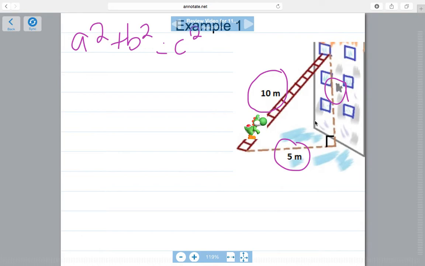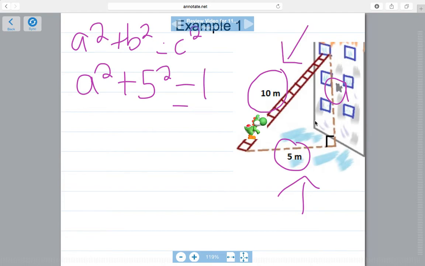So if we let A be the side that we're missing, we'll have a squared plus 5 is our b value, so 5 squared, equals c, which is our hypotenuse, so 10 squared. So we'll have a squared plus 25 equals 100.